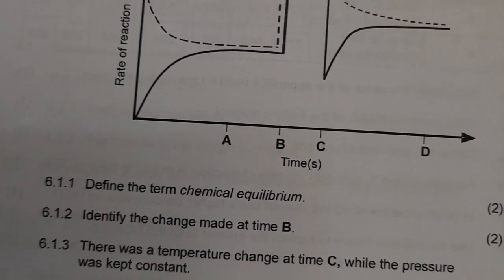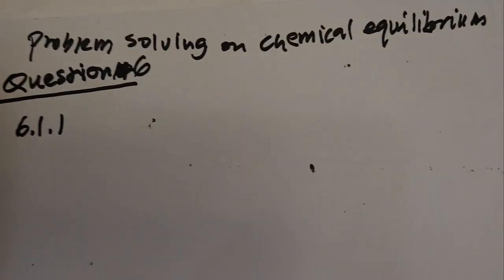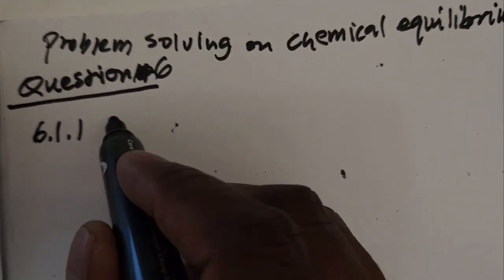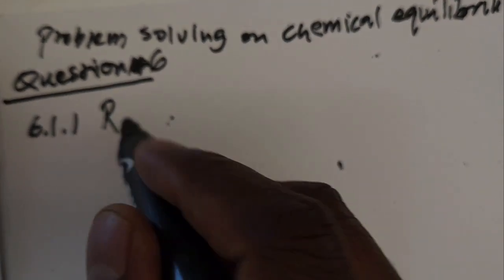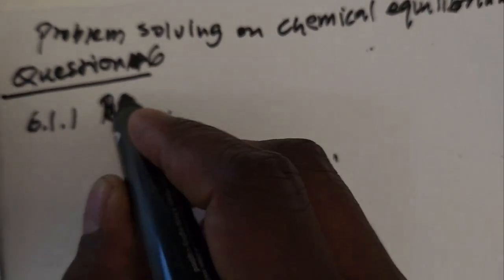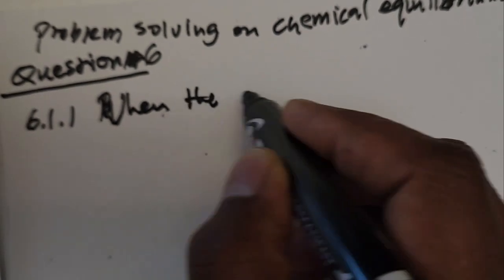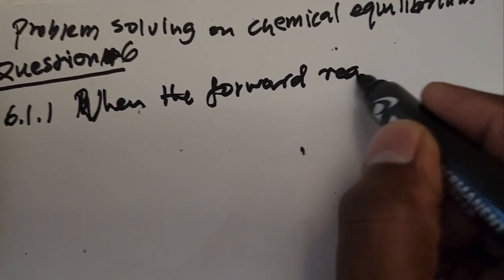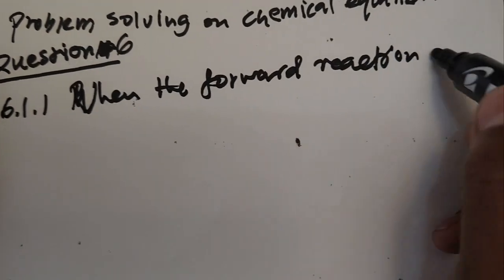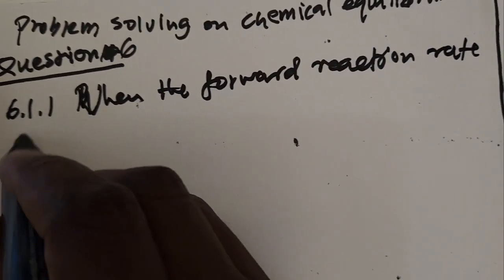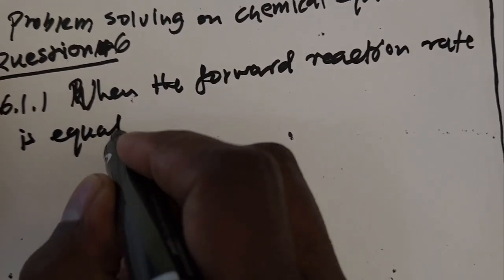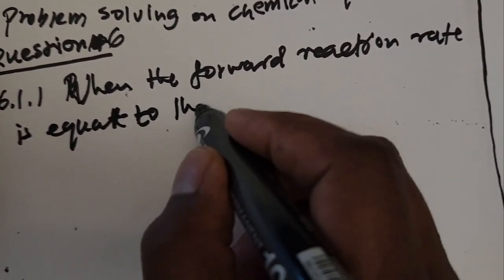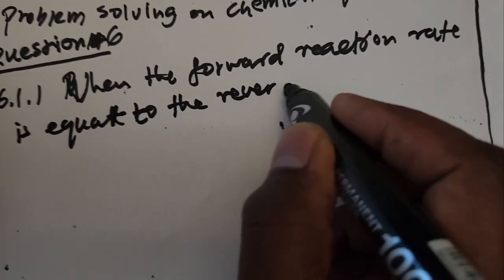Define the term chemical equilibrium. Remember, for chemical equilibrium, there are two different definitions. The first one, you can use the rates. So you can just say when the forward reaction rate is equal to the reverse reaction rate.